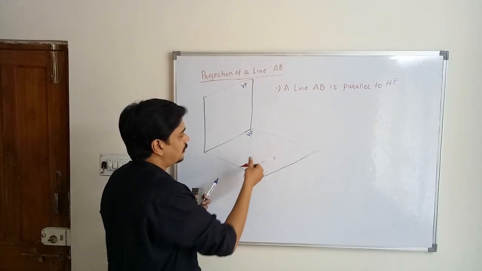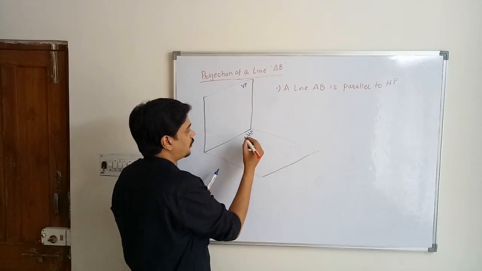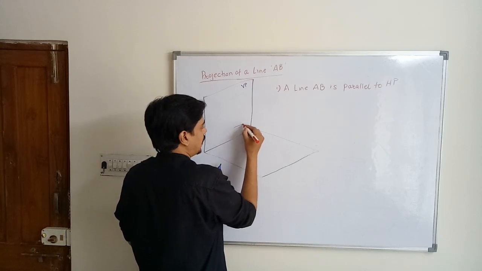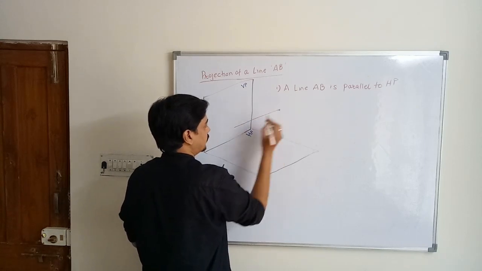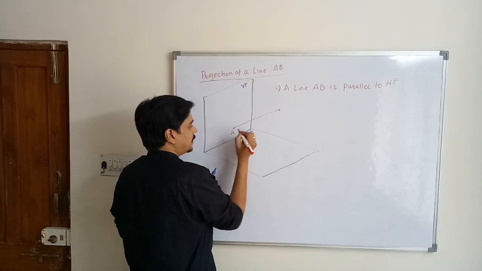Since the line is parallel to the horizontal plane, we have to draw a line which is parallel to the horizontal plane.